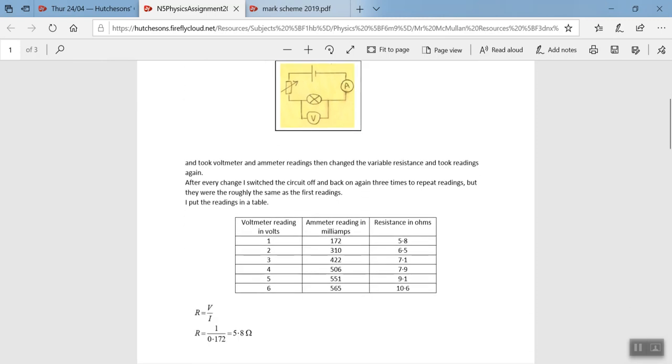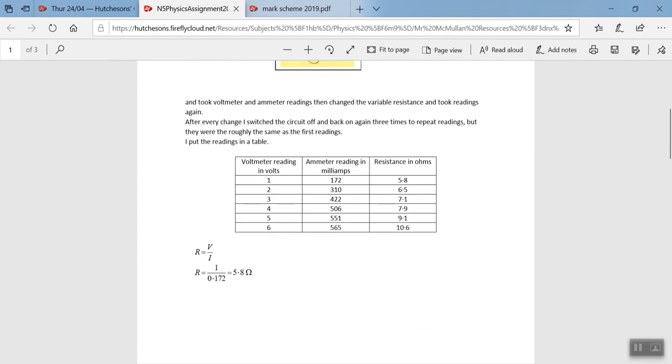They have a table here. They took readings from 1 to 6 volts, which is fine. Let's have a look. What else have they done? They've not repeated or shown that they repeated their measurements. So they may not have actually taken them. We can't tell.